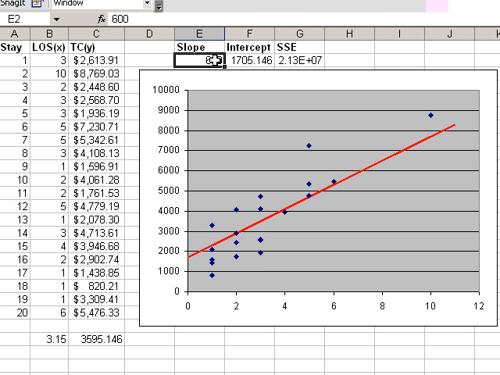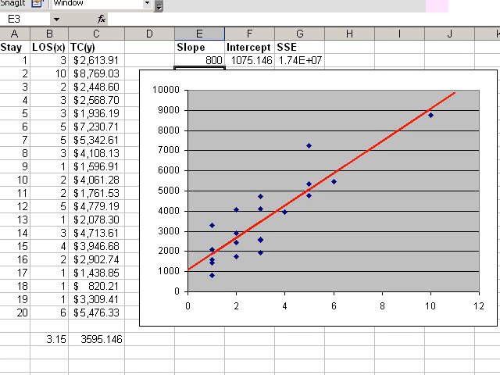Let's try 700. The line appears to be even a better fit to the data. Let's try 800. In general, I would say that's a fairly good fit to the blue dots with a slope of $800.